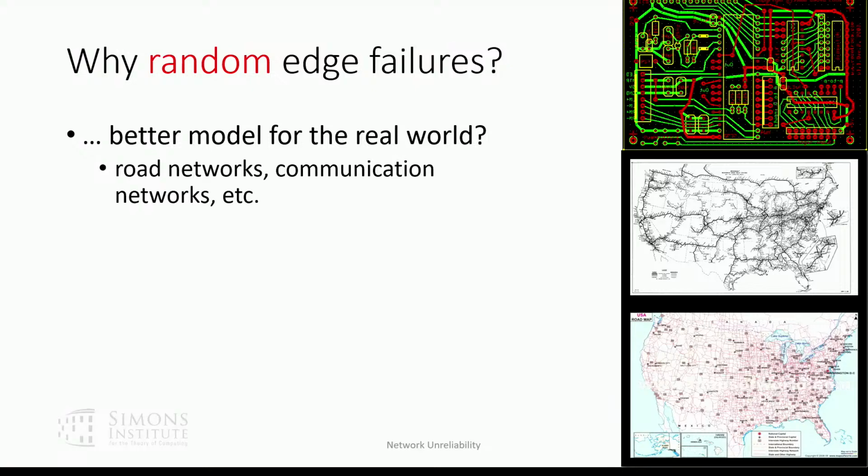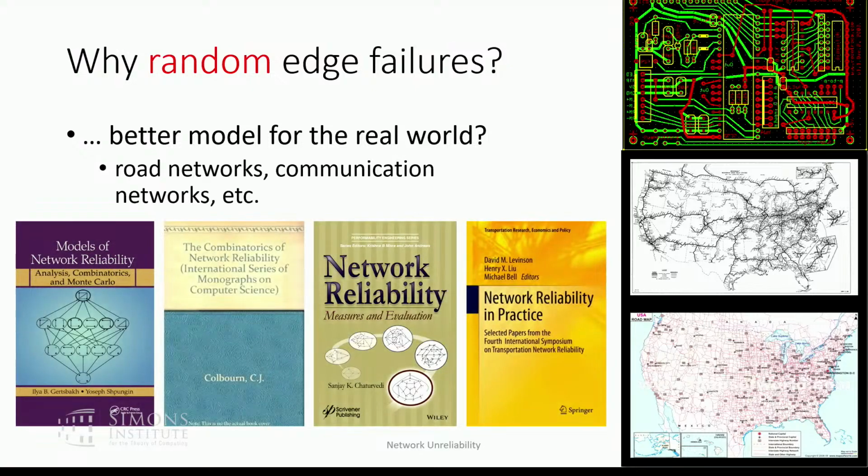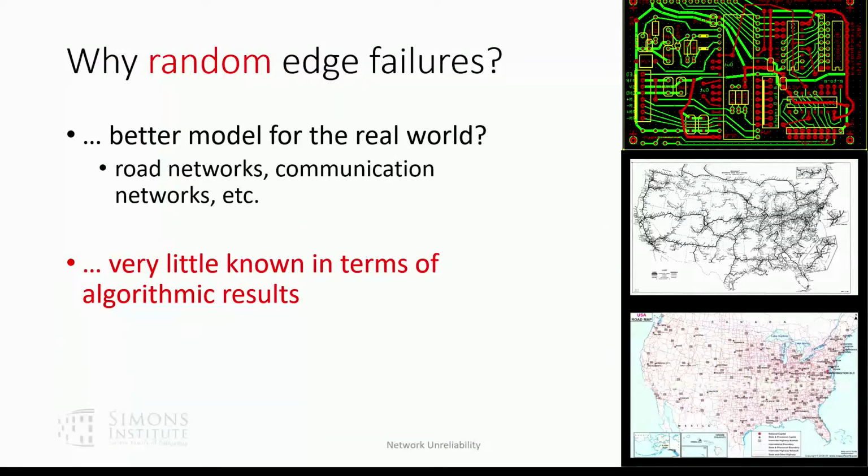It's also the case that a lot of different fields have converged to this, and so there are all these different books which talk about both models as well as properties of graphs under random failures. So it's a very well-studied topic in an empirical, practical sense. But if you look at algorithms, there's hardly anything known.